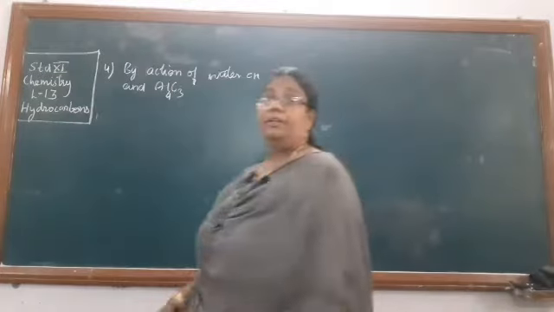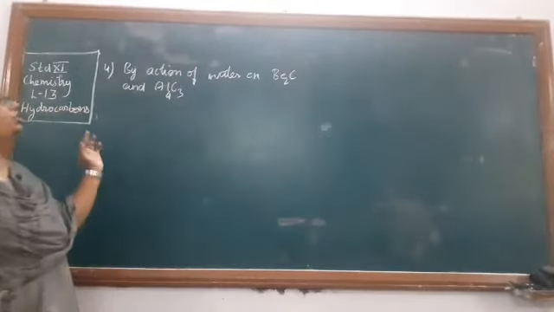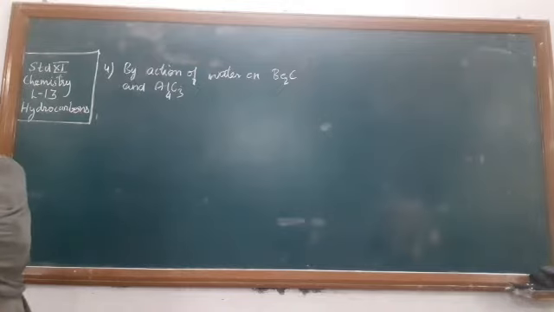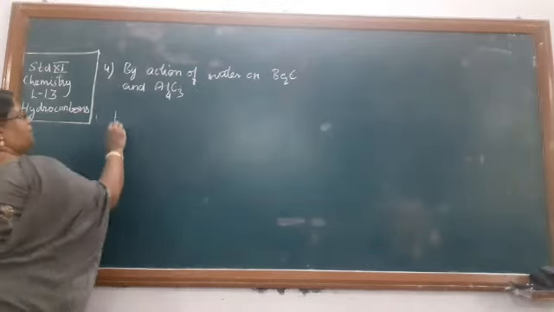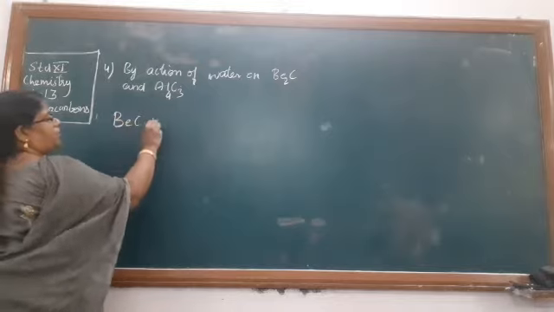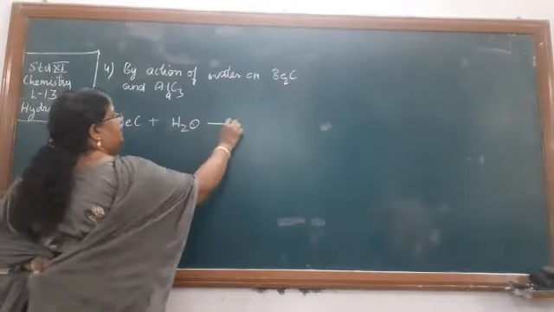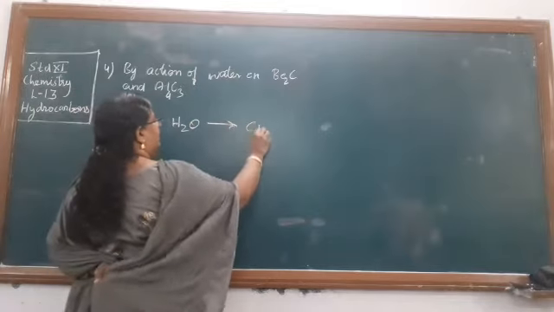The fourth method is by the action of water on beryllium carbide and aluminum carbide. Now when both these carbides are subjected to water, it gives you the alkane.